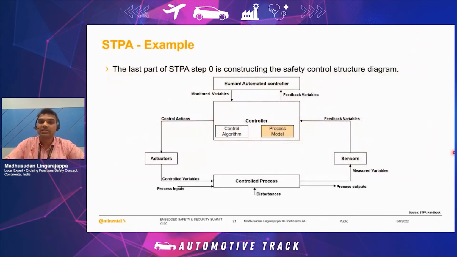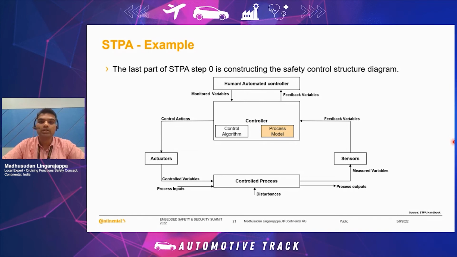The last step in step 0 is to come up with the control structure diagram. There are four different parts here: the controller, the actuators, the controlled process, and the sensors. In our example, we have two controllers.